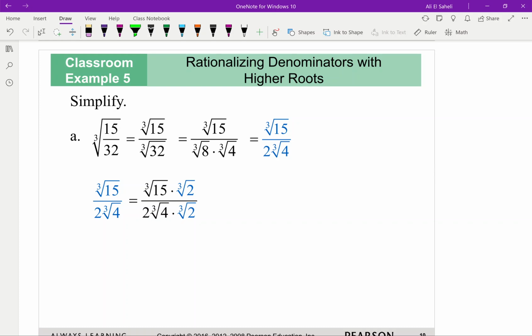We should multiply by the cubic root of 4. There is a mistake here.